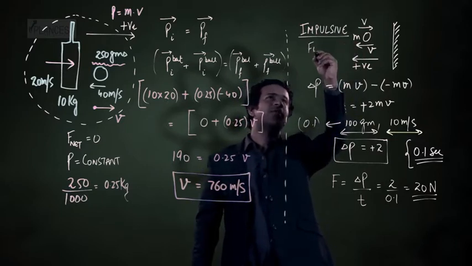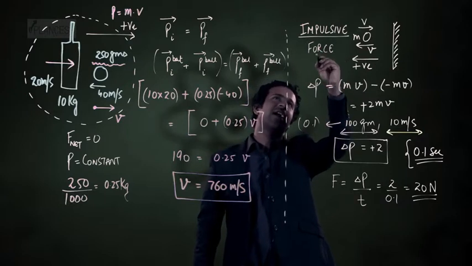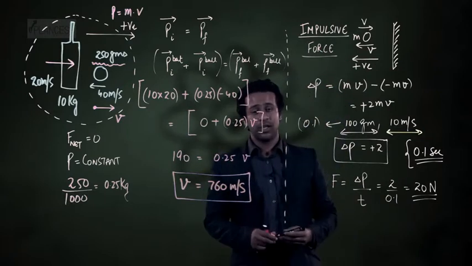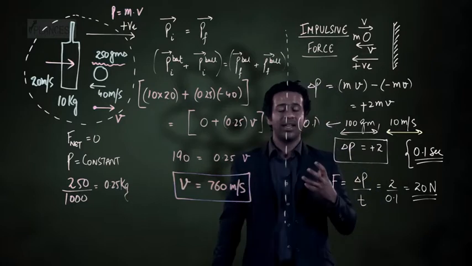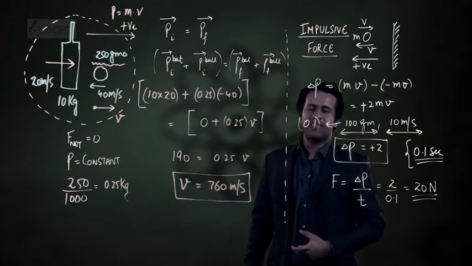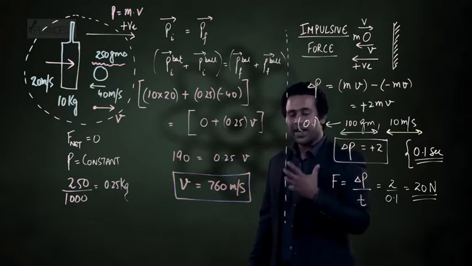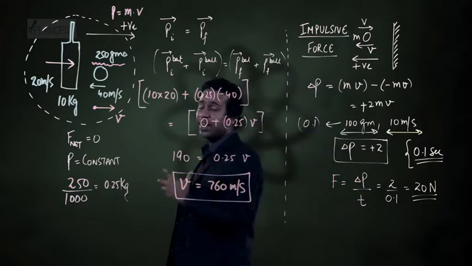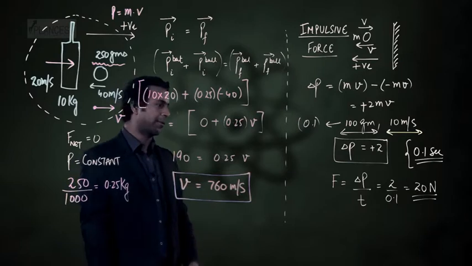So impulsive force is nothing special. It is only a force. The only thing special about this is that it acts for a very small interval of time, fractions of a second, and it brings about a change in momentum which is very noticeable, right?